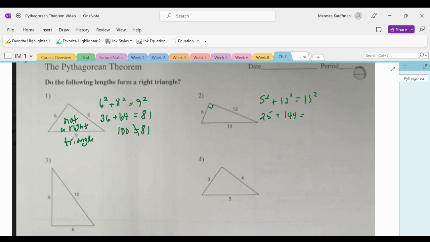It's going to be 169. So when I add these two together, 25 plus 144, oh, that's 169. So this is a right triangle. This would be a yes. So that's how you do these. So you do the rest of those.